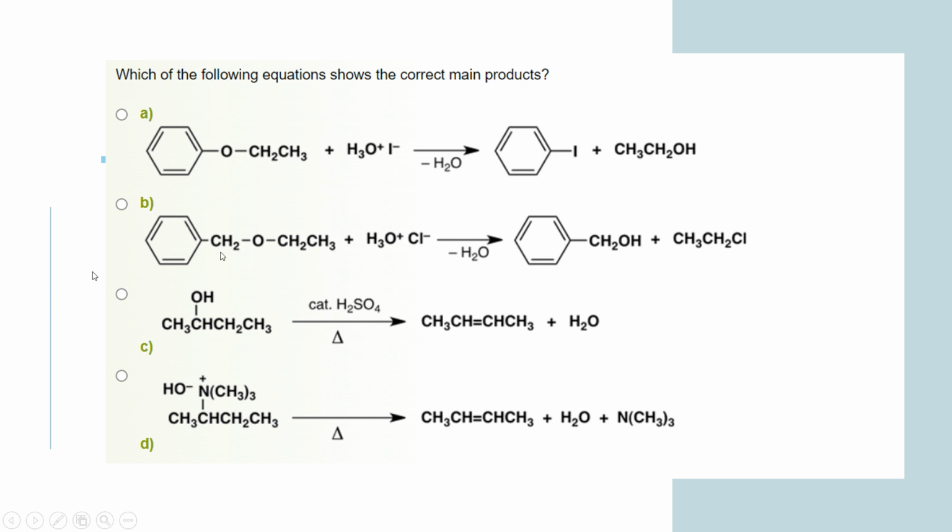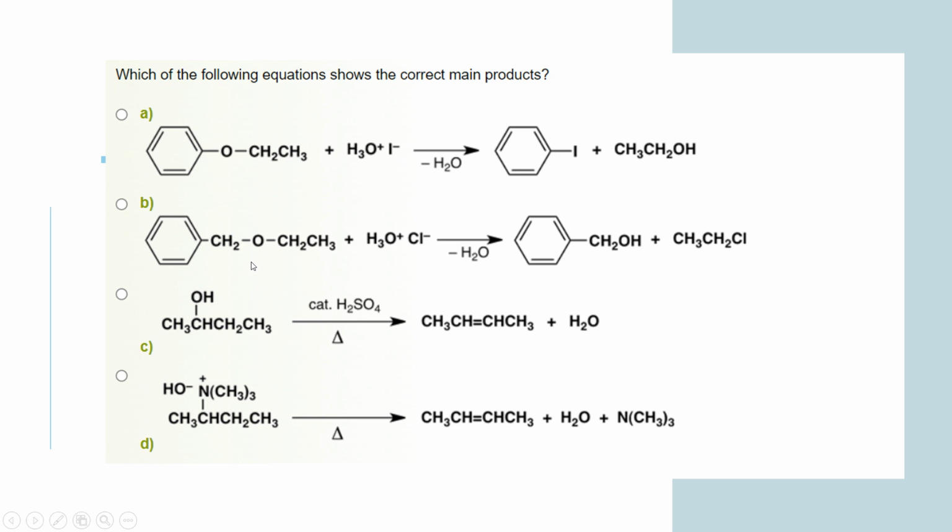The newly formed benzylic carbocation will now be attacked by the Cl minus nucleophile present in the acidic medium, and in turn you will get this benzyl chloride as the product. I hope this was clear to you all, how you got benzyl chloride and ethanol in this reaction.